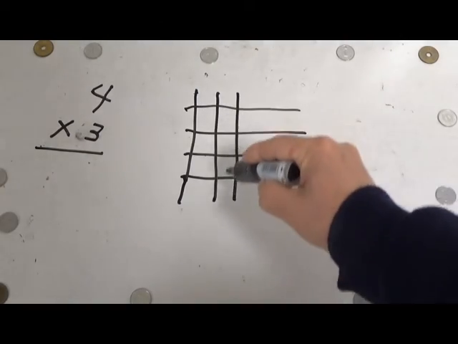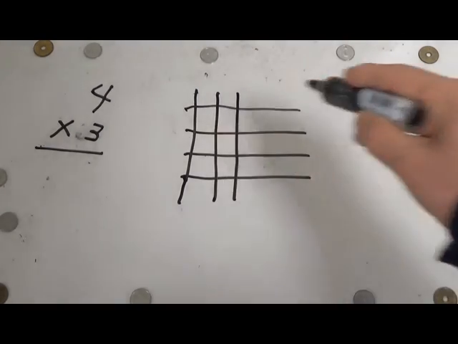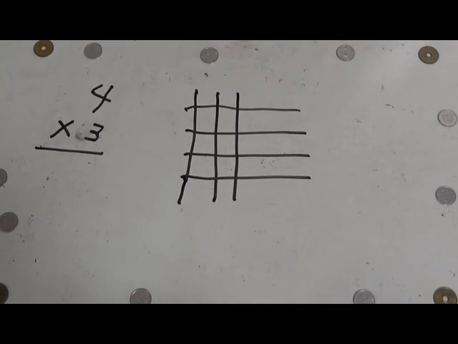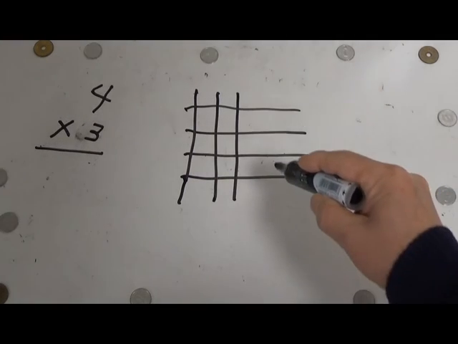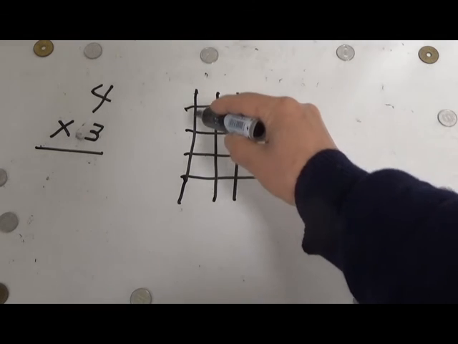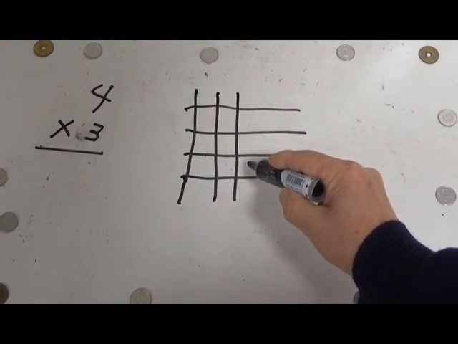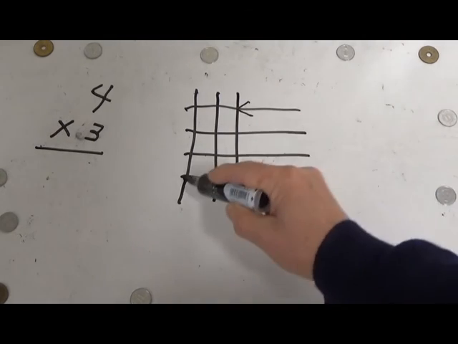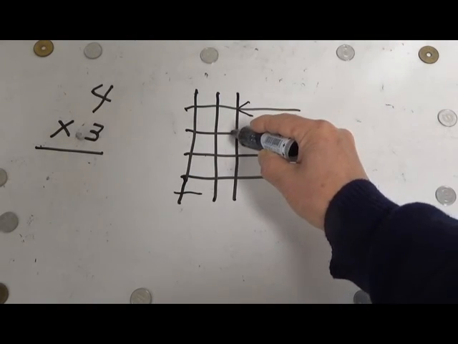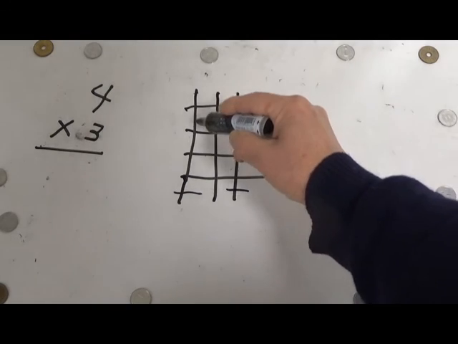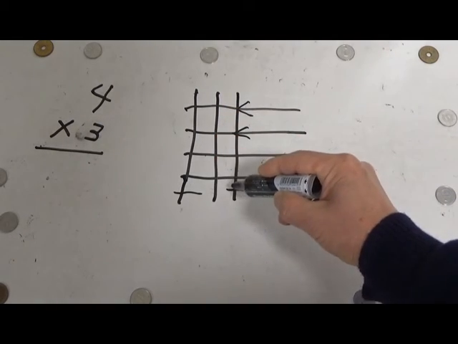The crossing points show 4 multiplied by 3. First, 1, 2, 3, 4. First, I remove this one here, this 1, 2, 3, 1, 2, 3, 4, 5.